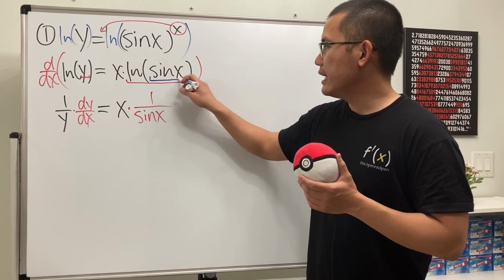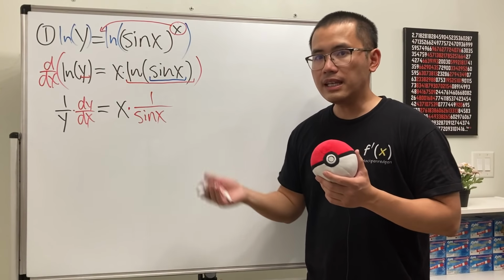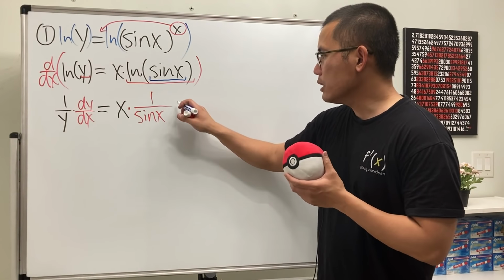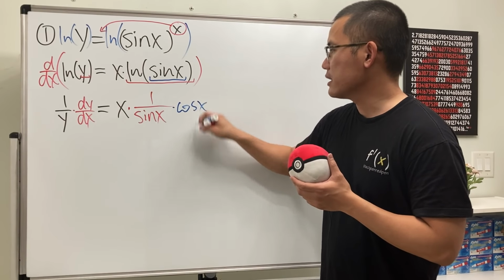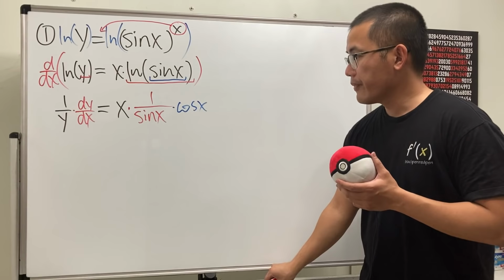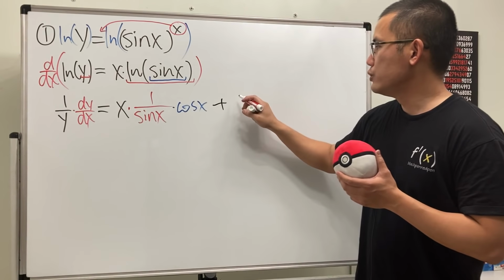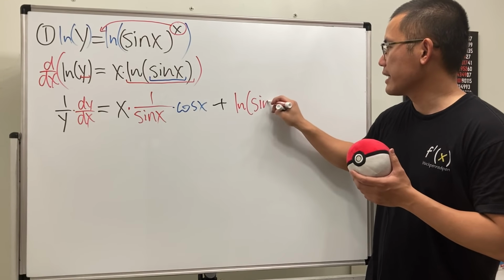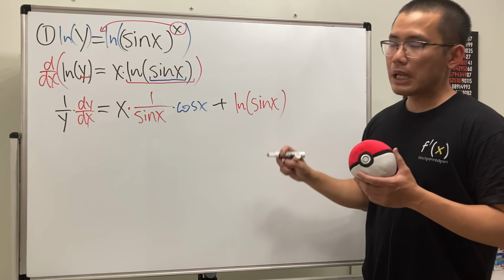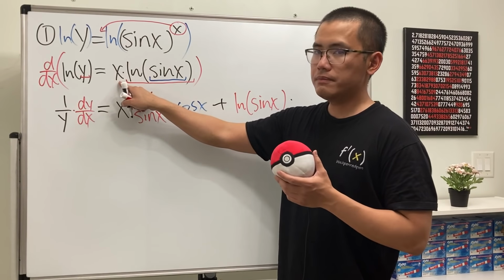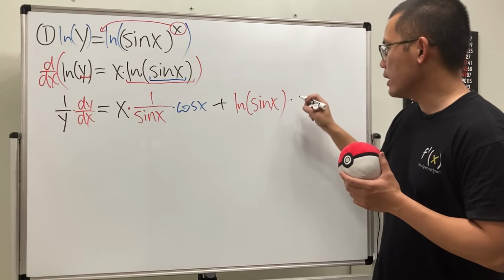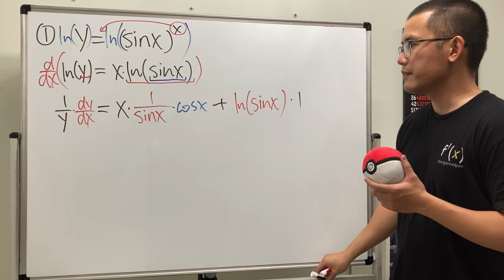The derivative of sin x is cosine x, so multiply this by cosine x. And then the second part is we add the second function, which is ln of sin x, and multiply by the derivative of the first function. Derivative of x is just equal to 1. So that is what we have.